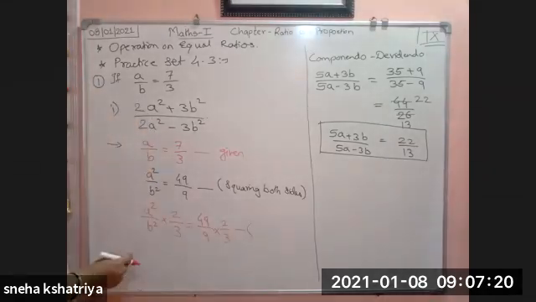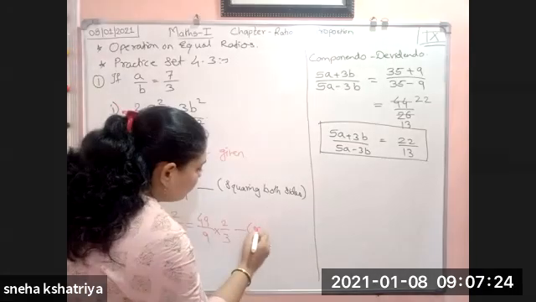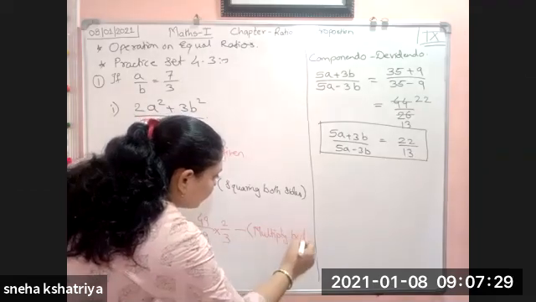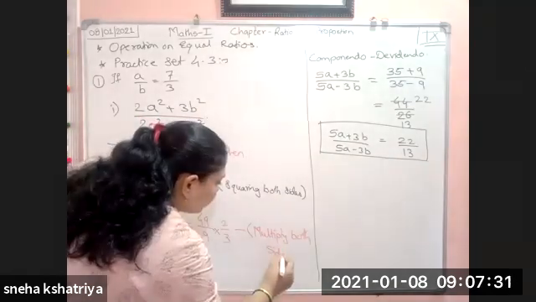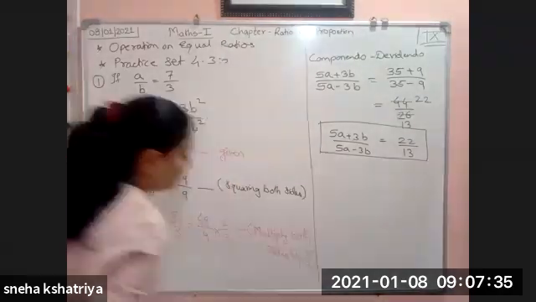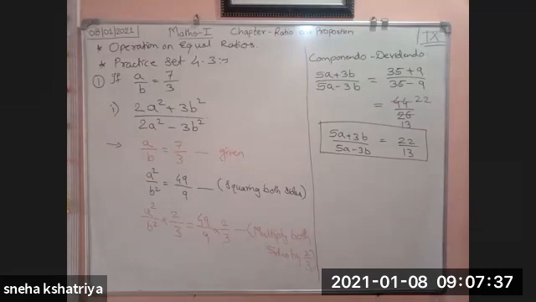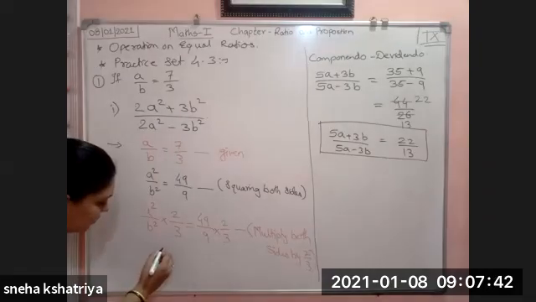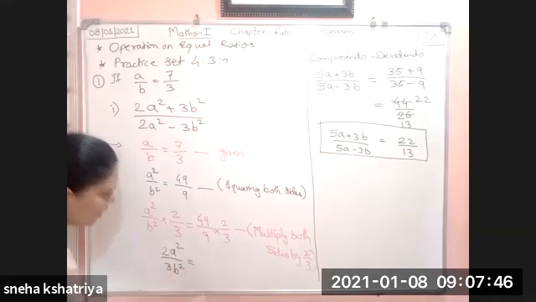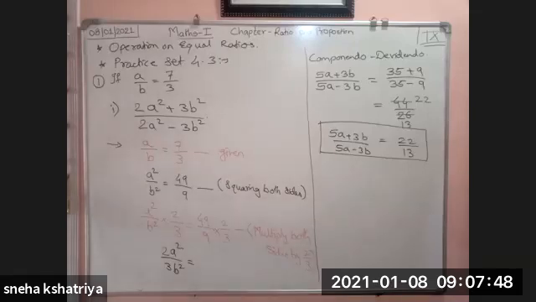Multiply both the sides by 2 upon 3. So what will we get? 2a square upon 3b square is equal to... is anything reduced?